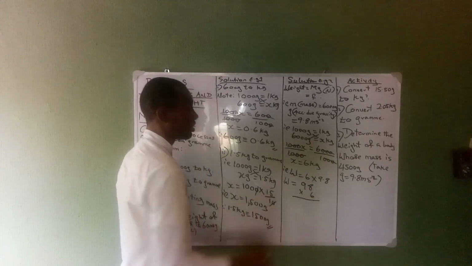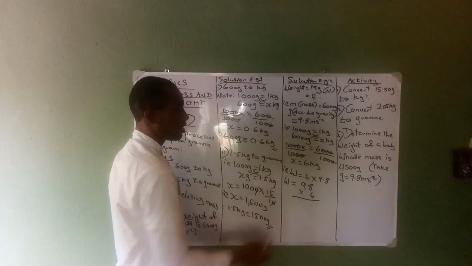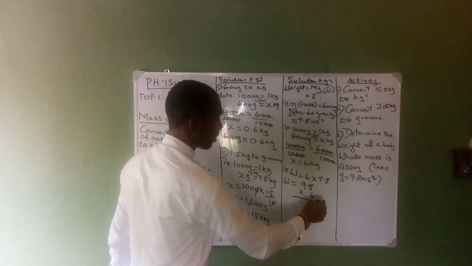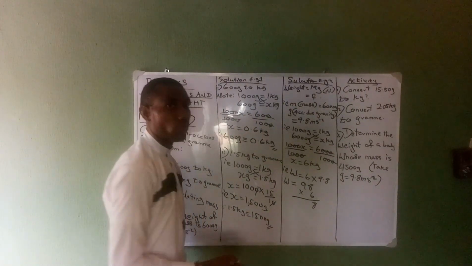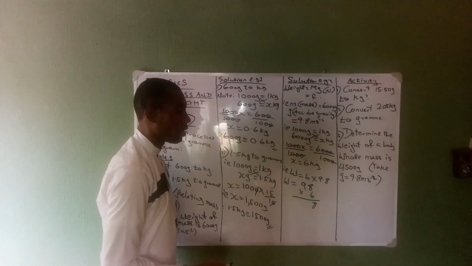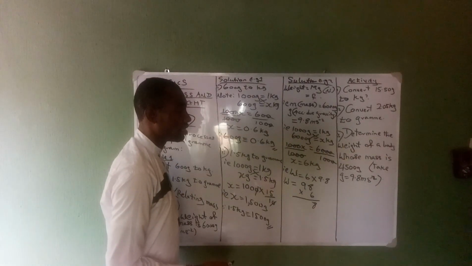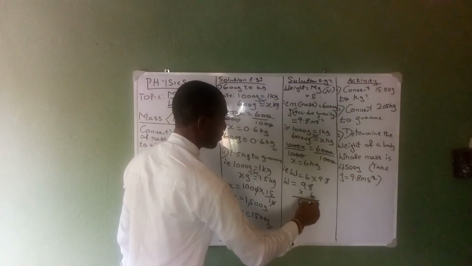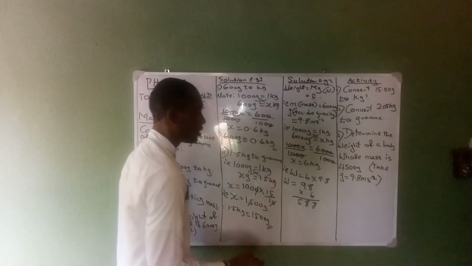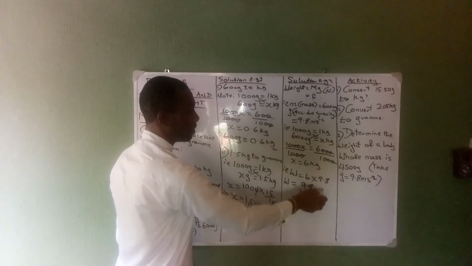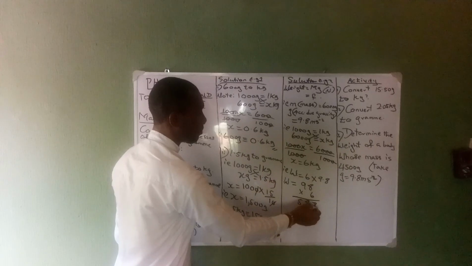Now 6 times 8 will give us 48. We have 8 to carry 4. 6 times 9 will give us 54 plus 4, which is 58. So we have 588. Because it is in 1 dp, we count 1 and we put our decimal point here.